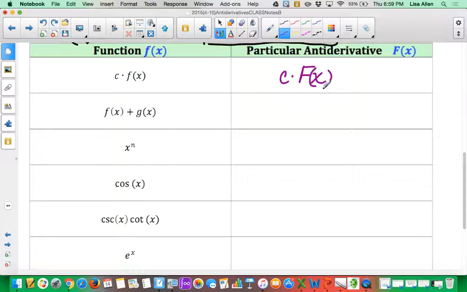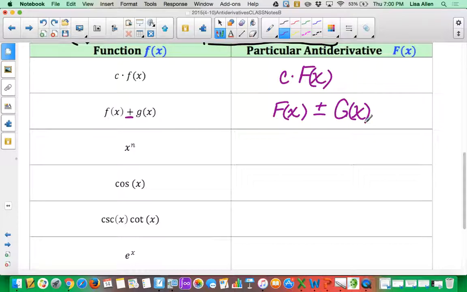If I have a sum, and I'll put a difference in here too, and I want to find the particular antiderivative, the rule would be that we would find the antiderivative of lowercase f, which would be uppercase F, plus or minus the antiderivative of lowercase g of x, which would be capital G of x. Some type of designation that capitals are the antiderivative, where the lowercases are the original function.